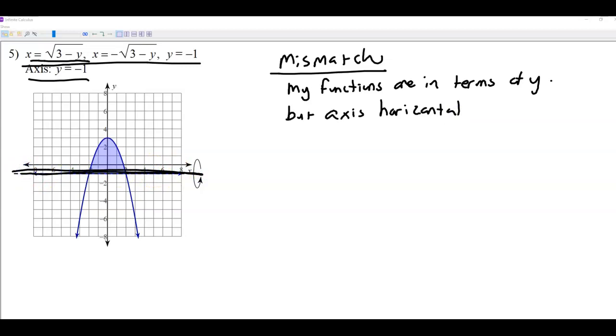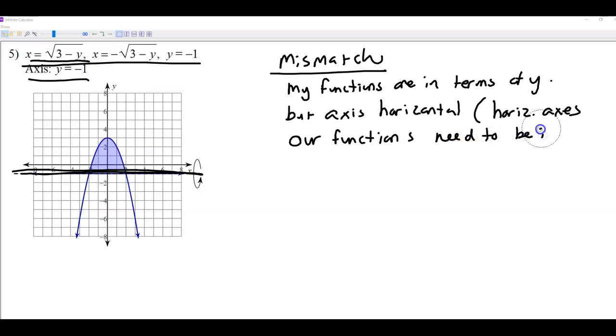That's a horizontal axis. And when you have a horizontal axis, you're required to be doing everything with respect to x. Our functions need to be in terms of x, and our integrals need to be with respect to x.